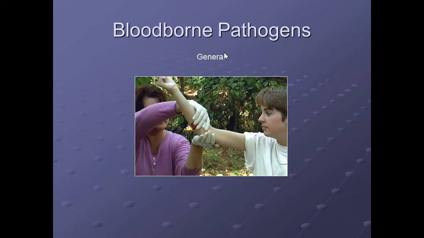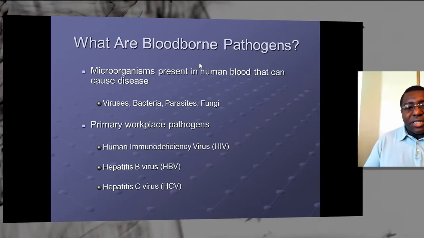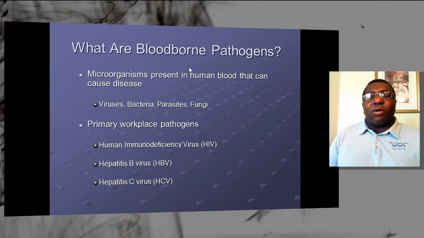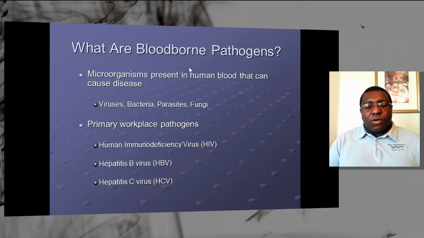So that's all there in the lab. One of the first things we'll go over is your bloodborne pathogen program, and this is a slide presentation that was open source from OSHA, the Occupational Safety and Health Administration, and I'm going to present this one for you.